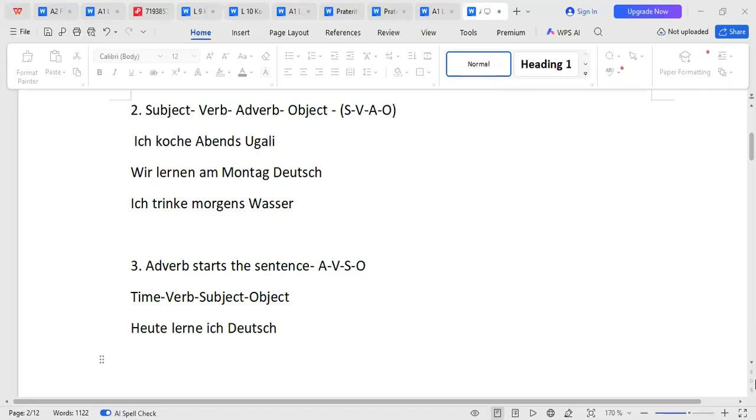So I've told you about 3 types of German sentence structure. We have the normal one, the SVO. We have the SVAO, the adverb. Ich koche abends ugali. Ich lerne montags Deutsch. Ich lese heute Deutsch. Ich bestelle am Morgen Pizza.